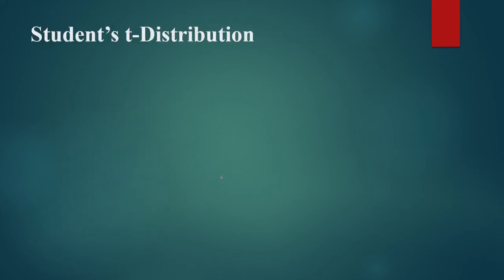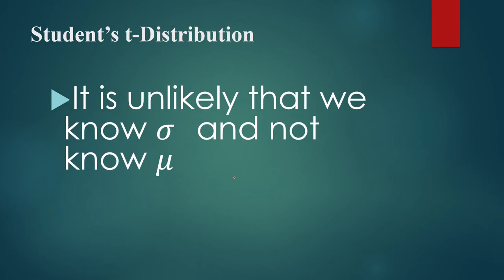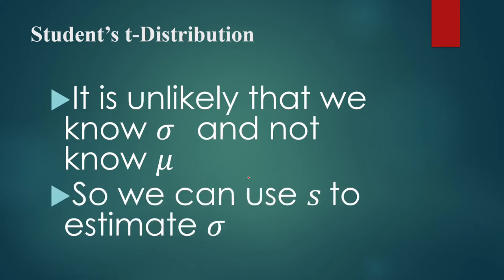Student's t-distribution. It is unlikely that we know the standard deviation of the population and not know the population mean. So instead of using sigma, we're going to actually use S, which represents the standard deviation of the sample.